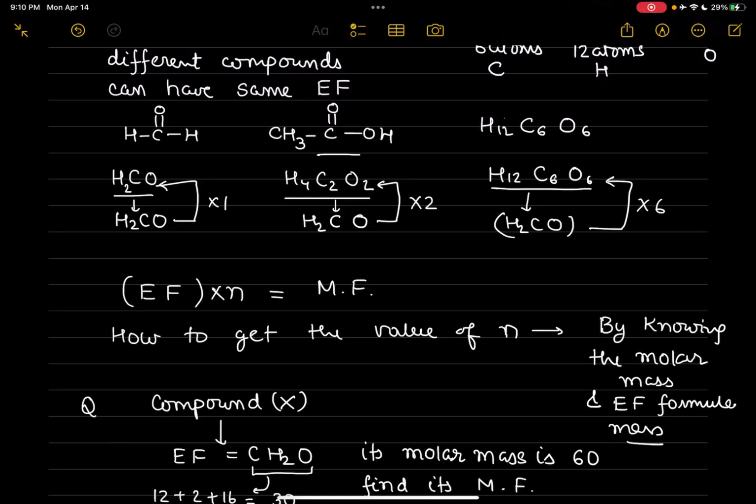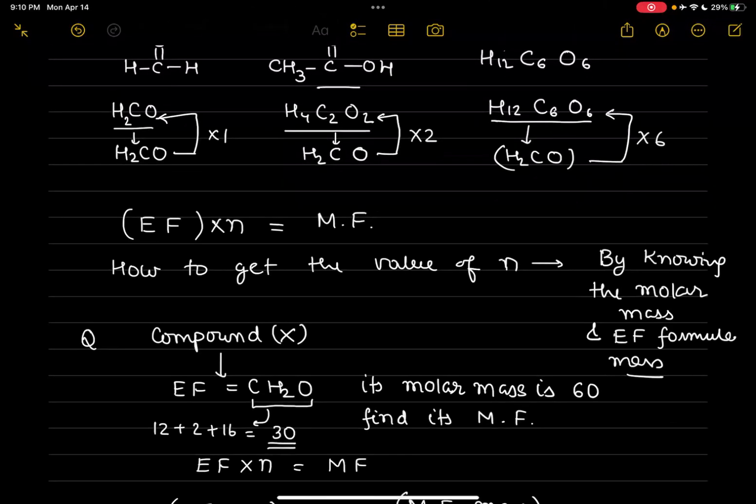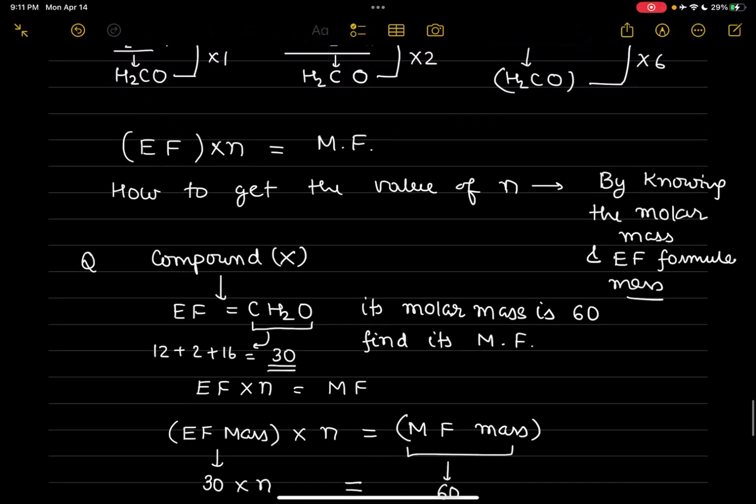You need to multiply the empirical formula by a whole number to get the actual molecular formula. And the same thing you can use for the mass. The empirical formula mass needs to be multiplied with some whole number to get the molecular formula mass. So, EF mass into n equals MF mass.